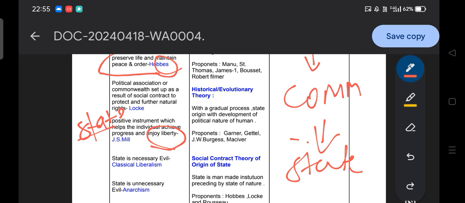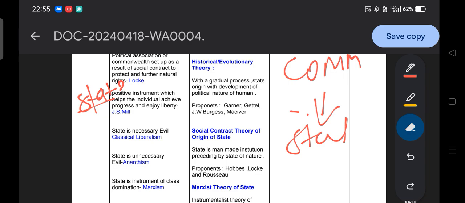In this book he highlights three kinds of liberty and talks about the positive role of the state, because J.S. Mill belongs to the liberalism ideology, and he introduced the transition from classical liberalism to modern liberalism. In that way he says the state has a role to ensure the enjoyment and progress of liberty, because J.S. Mill is famous for the idea of liberty, so we can remember it that way.